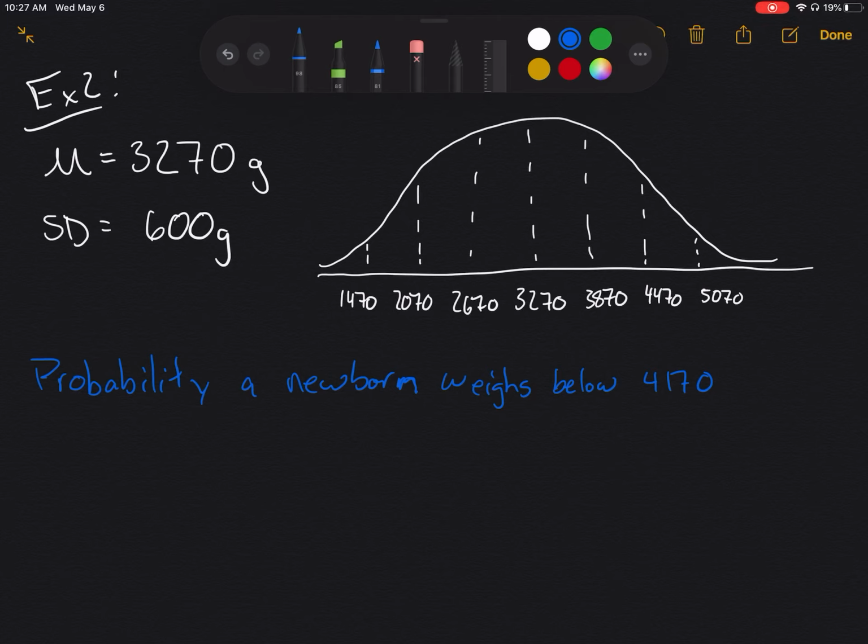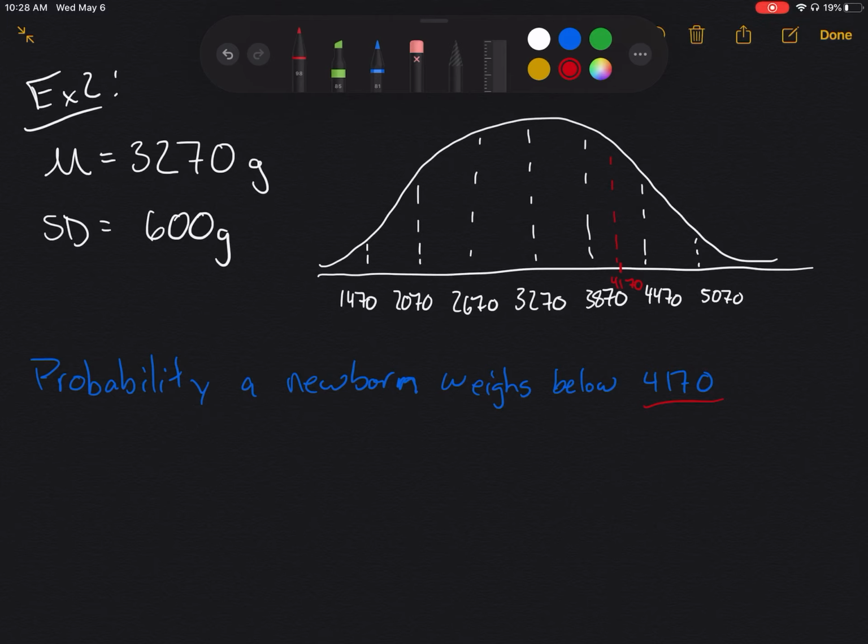Right. So first thing that I would do is I would go to my graph, right? And I would say, well, below 4170, that's about here, right? It's right in between one standard deviation and two standard deviations, okay? And then what is it asking?